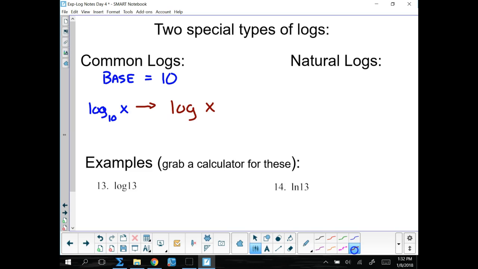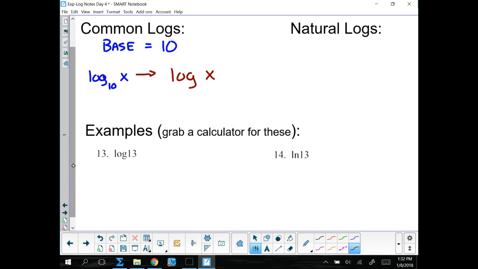And that's what's on your scientific calculators, on your graphing calculators, on your phone calculator if you tip it to the side. So if we want to evaluate log of 13, we just skip over the base part. We would just say log of x, and we're assuming then that it's base 10. If you wanted to add log base 10 of x, that's fine too, but we can just say log of x.